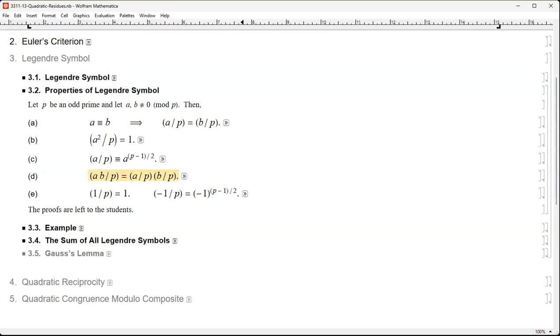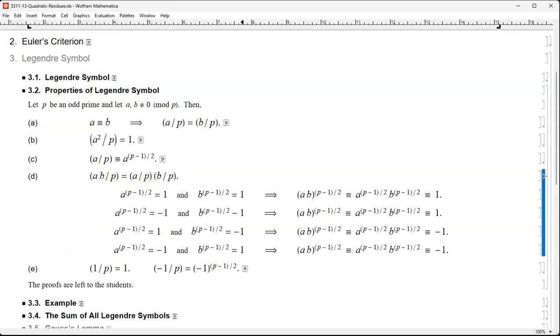And this one here requires a bit of work because there's no obvious way to see it except to get our hands dirty and actually do it. So we have two characters a and b to consider and two outcomes, +1 or -1 for a or b. So it's kind of like coin tossing. We have 1, 1; -1, -1; 1, -1; or -1, 1.